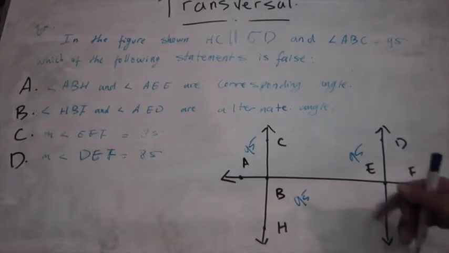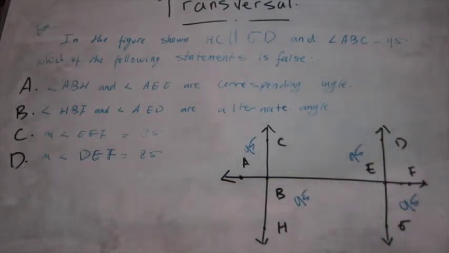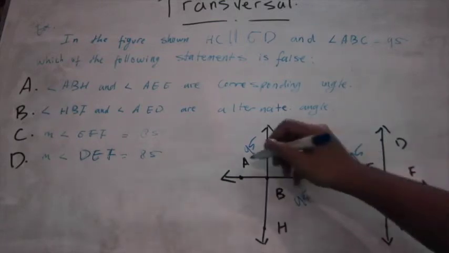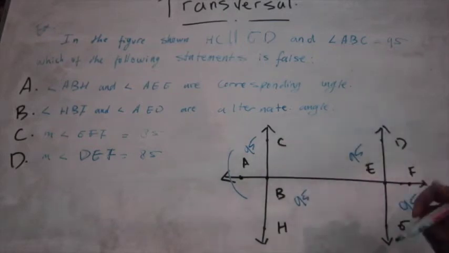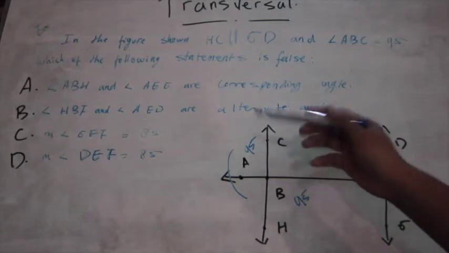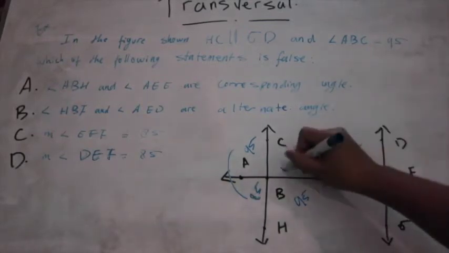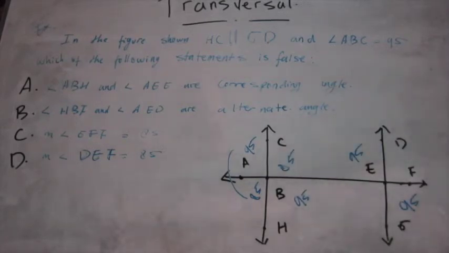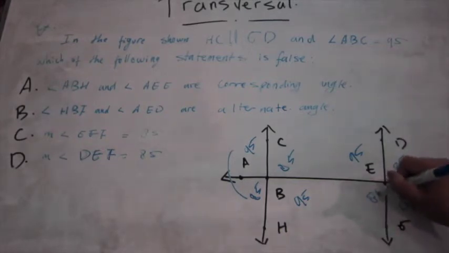Not linear pair, but vertical angle and corresponding angle, it's going to be the same. The linear pair would be this one. It's going to add up to 180 degrees. So 180 degrees minus 95 is 85. So that's 85. The same thing applies: the vertical angle is the same, the corresponding angle is also the same, 85 and 85.